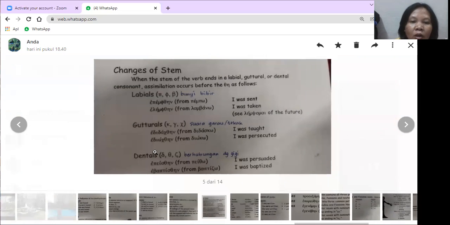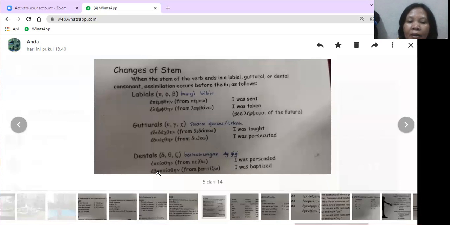The change of stem, dental, with the teeth up and down. For example, epeisthen from peitho, meaning I was persuaded.